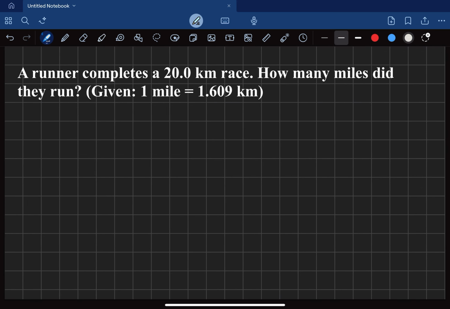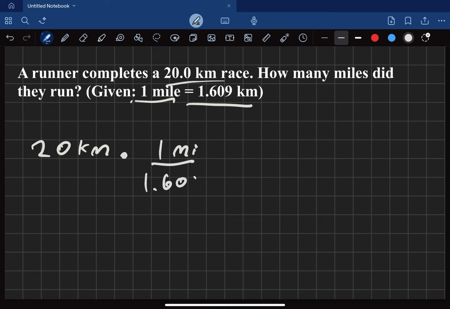This question asks us, if a runner completes a 20-kilometer race, how many miles did they run? Well, it tells us that 1 mile equals 1.609 kilometers, and they ran 20 kilometers. So let's write 20 kilometers right here. And we're going to multiply this by 1 mile over 1.609 kilometers, because we know a mile and 1.609 kilometers are the same. So if we do this divide by this, it'll equal 1, and we can multiply by that.